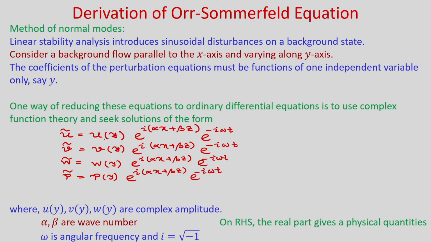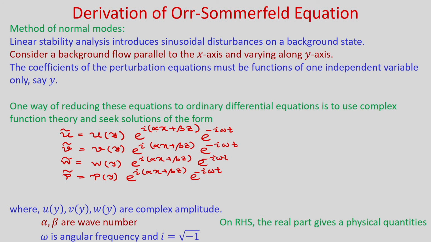Where u, v, w are complex amplitudes, alpha and beta are wave numbers and omega is angular frequency, and i is just root minus 1. On the right hand side the real part gives the physical quantities.